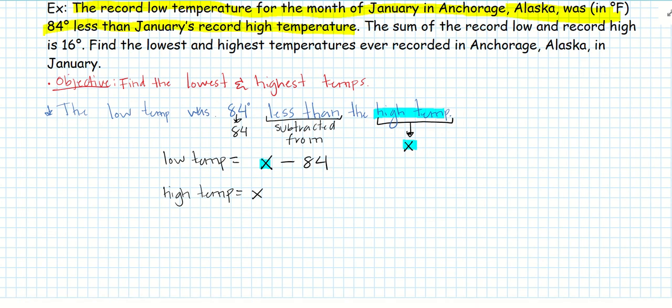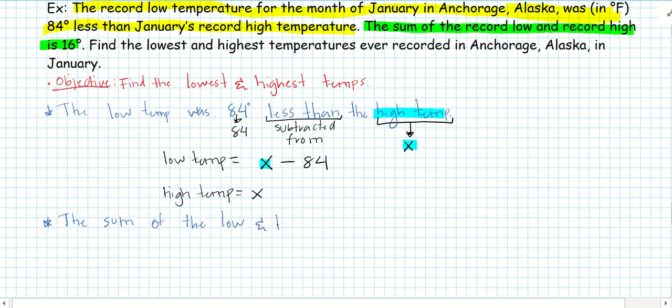Now for the other sentence, it says the sum of the record low and record high is 16. So the next sentence says the sum of the low and high is 16 degrees.